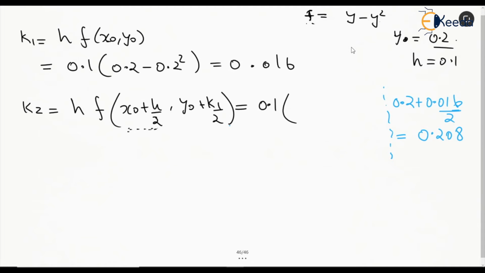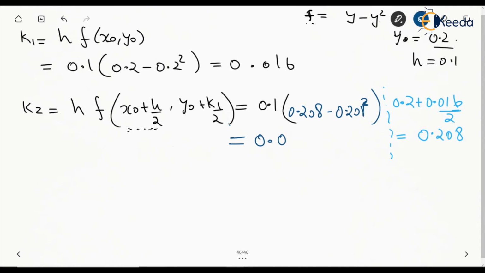So this is going to be 0.208 minus 0.208 square, and this is 0.0164.